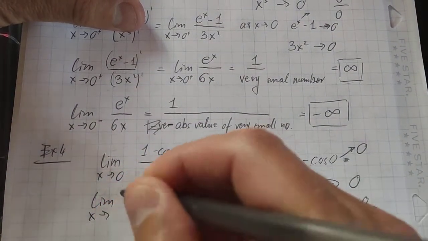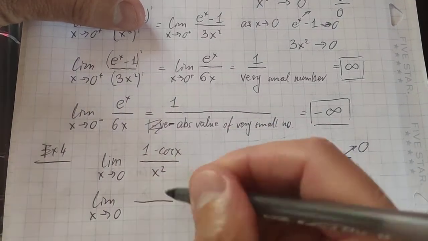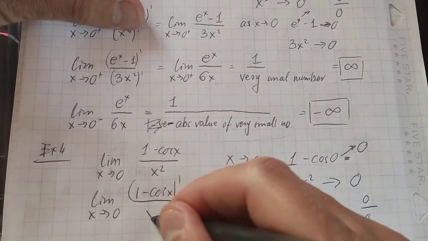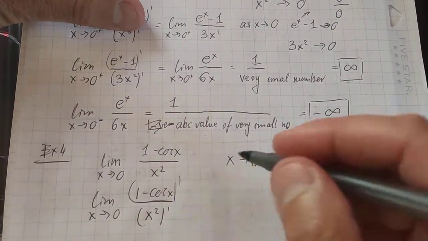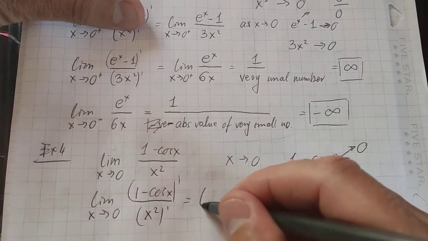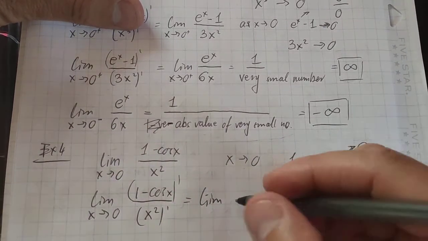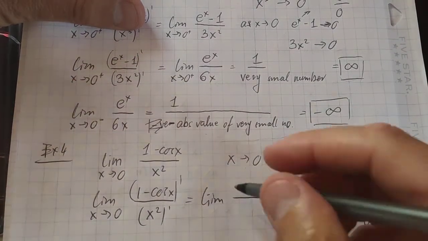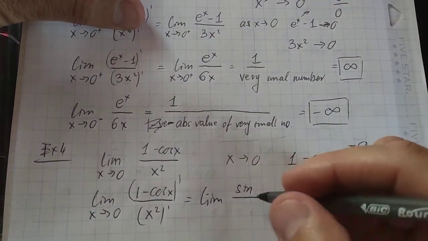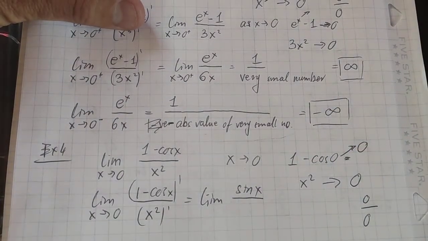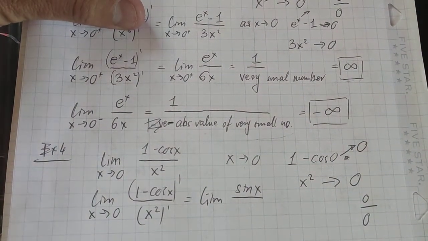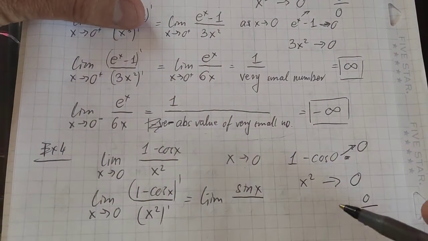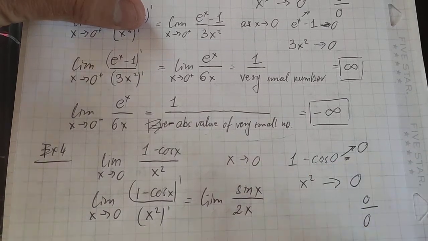So I have the limit of 1 minus cosine x, and the derivative of this, over the derivative of x squared. So I have my limit, and here on the top I have sine x, because the derivative of cosine is negative sine, so it's positive sine because of that negative here, and here I have 2x.